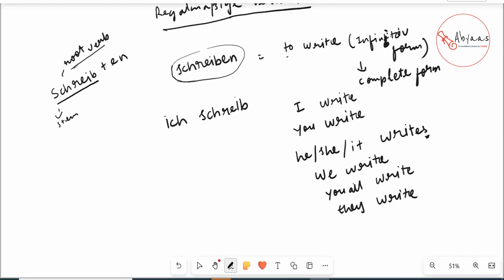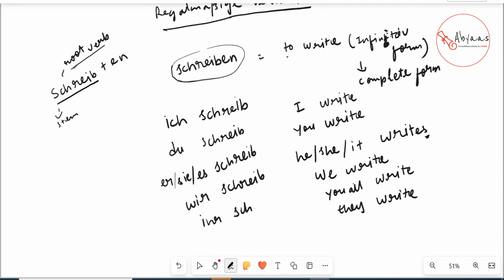So ich, du, er, sie, es, wir, ihr, sie and Sie, each with the stem schreib. From here, I'll be adding certain endings, just like how we added s over here.